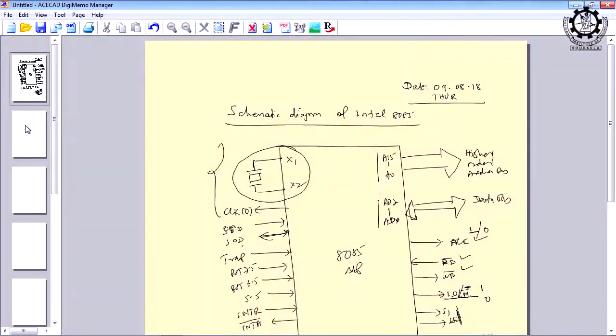So, serial input data means the data goes from the source to the microprocessor, and via the microprocessor it goes to the destination device. Similarly, SOD is used for the data coming in the opposite direction: it comes to the microprocessor, and through serial output data it goes to the destination. So, for SID the arrow mark is given inward, and for SOD the arrow mark is given outward.